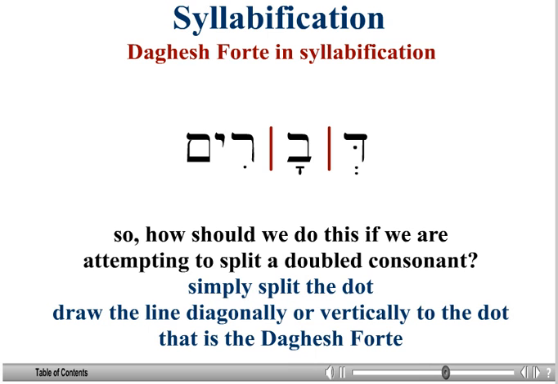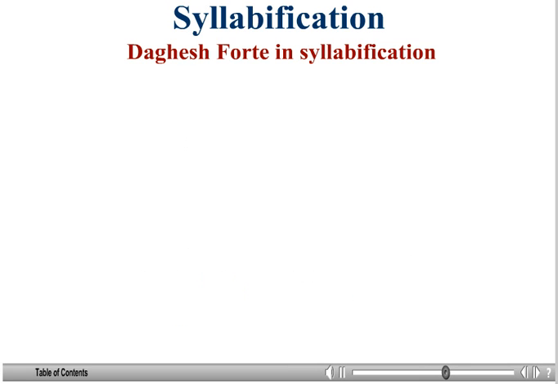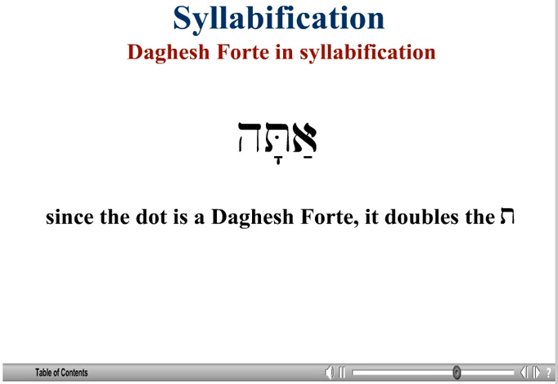Let's illustrate this point of syllabification using a word that appears in handout 3D. In category number 1, you will see the word atta. The dot that is in the tau of this word is a Dagesh Forte. You will learn why it is a Dagesh Forte and not a Dagesh Lene in a moment. As a Dagesh Forte, you understand that it doubles the consonant. That is, there are now two taus.